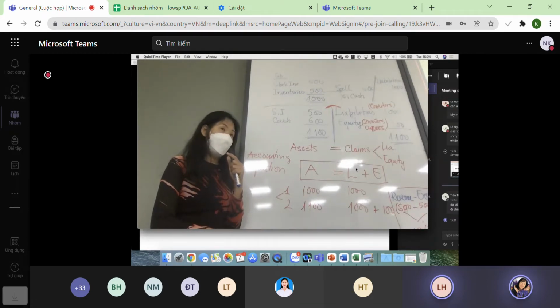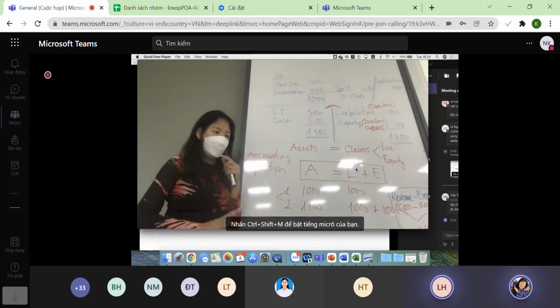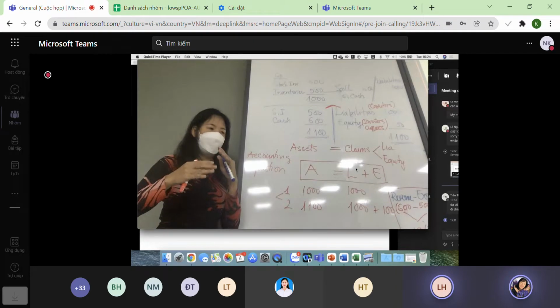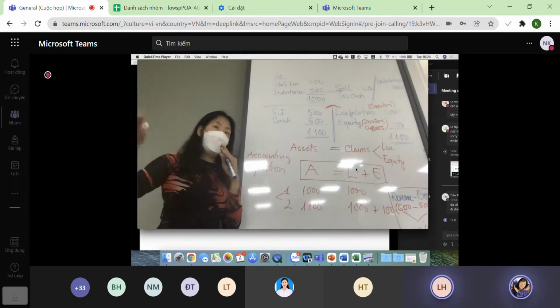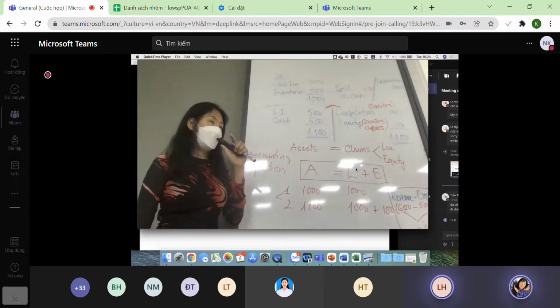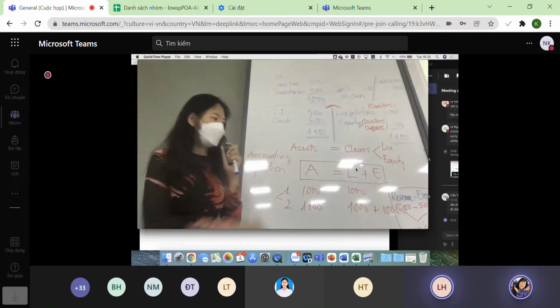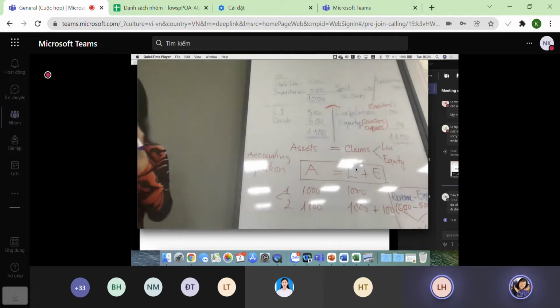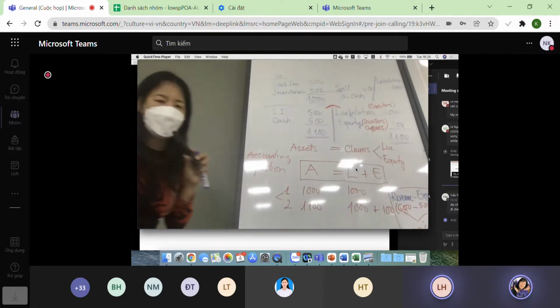Because our example is only a day. Later, we will expand one day to one month or to one quarter. So you need to include these things in the financial statements here.